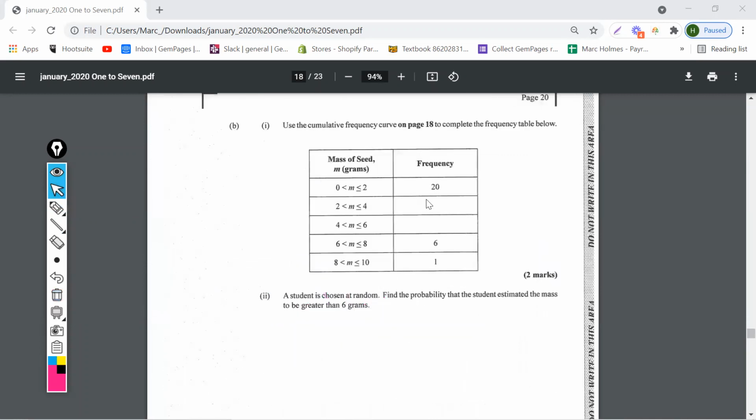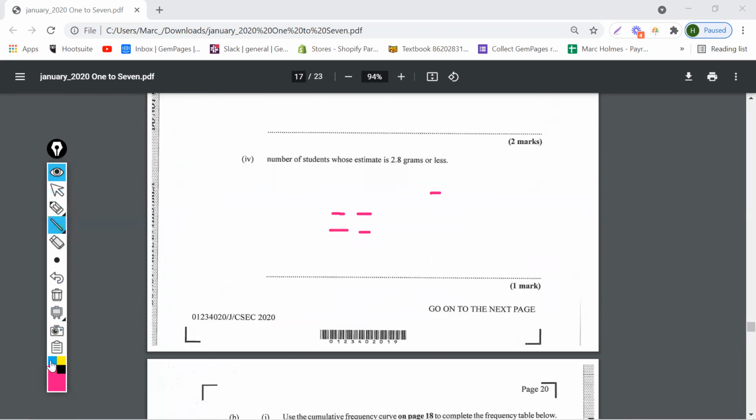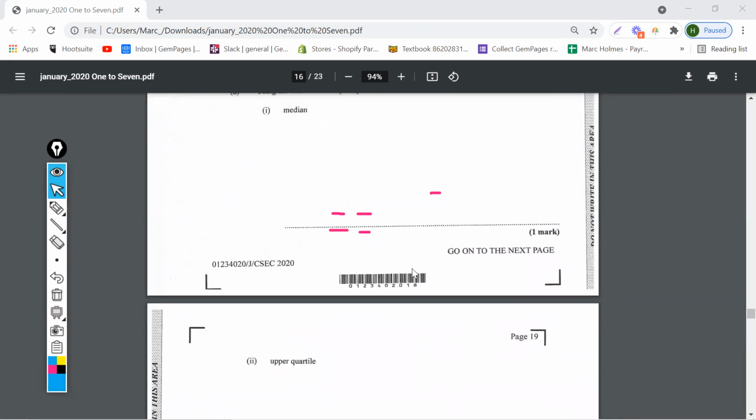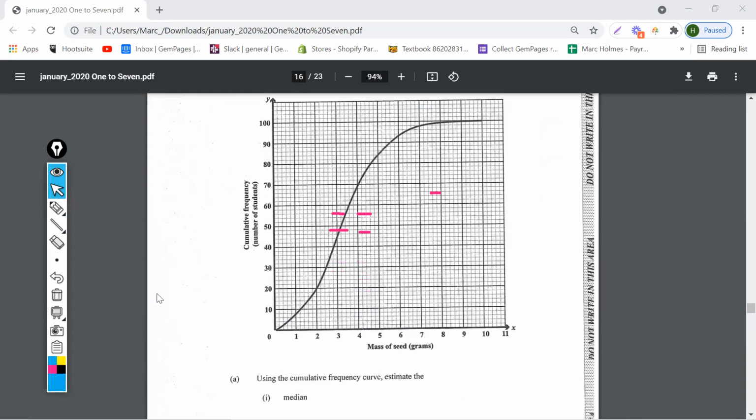Now guys, this one was a weird one, but it says calculate the cumulative frequency between 2 and 4 and 4 and 6. They already give us from 0 to 2. Now we need to find from 2 to 4 and from 4 to 6 on the graph. I'm not going to lie, this was not very easy for me to do. It's kind of the same way though. Basically we need to go from 2 to 4 and find the number of students between those.